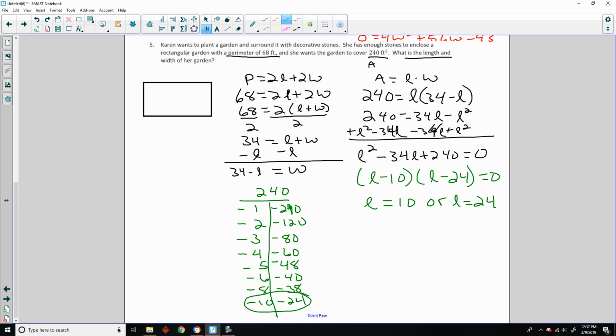The garden measures 24 feet by 10 feet, with either quantity representing the width and the other representing the length. In other words, if the length is 10, the width is 24, and if the length were 24, the width was 10. So it's a 10 by 24 foot garden.